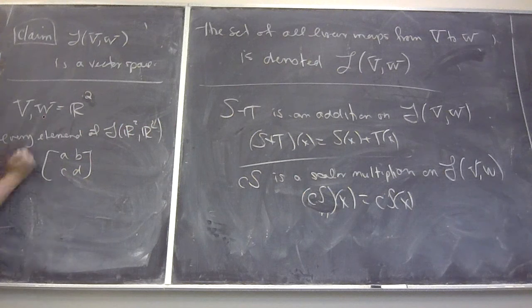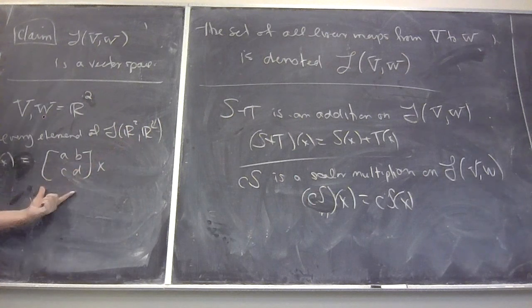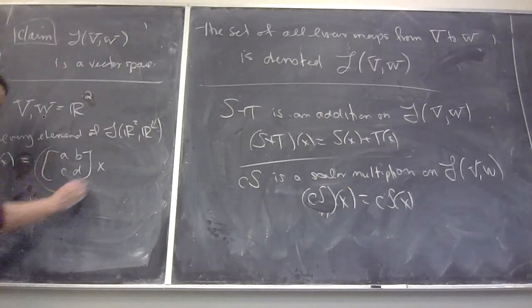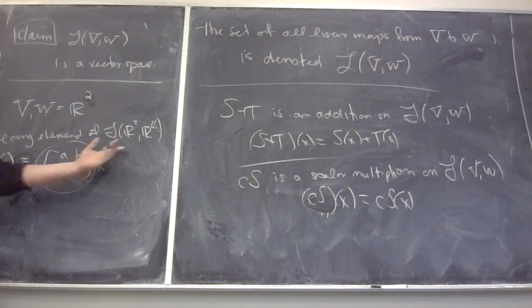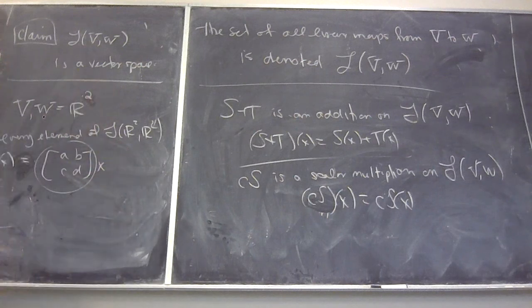You think about T of x as equal to this matrix times the vector x. So if everything in here can be thought of as a 2x2 matrix, does that space have a basis? Yeah. Because if you tell me what a is and what b is and what c is and what d is, you've told me what the function is, right? So in this case, it's 4-dimensional.